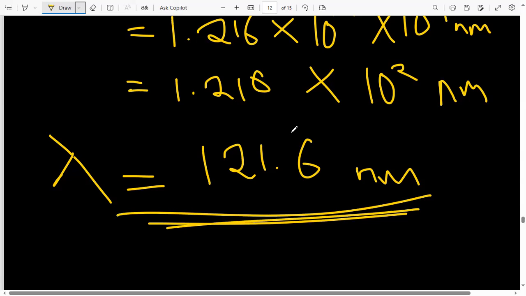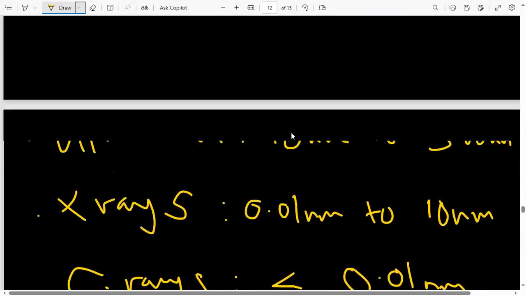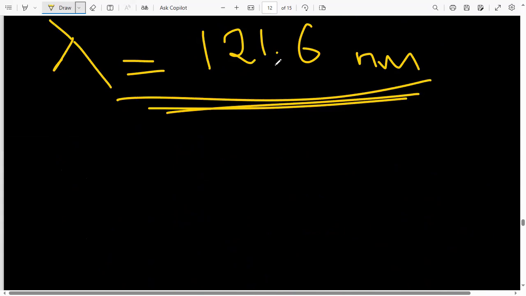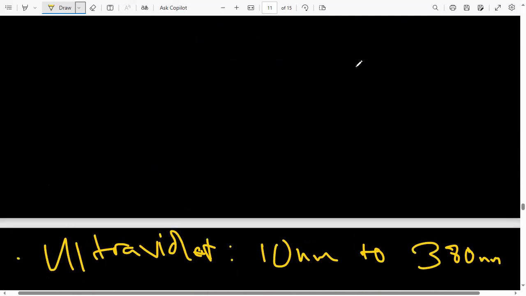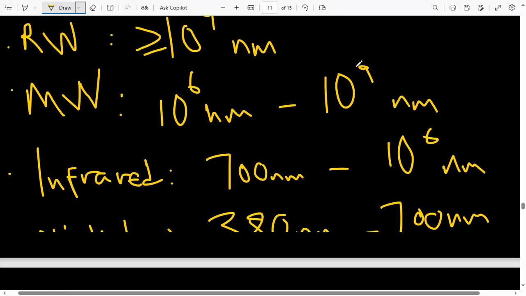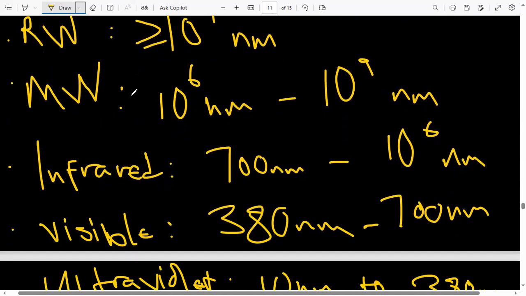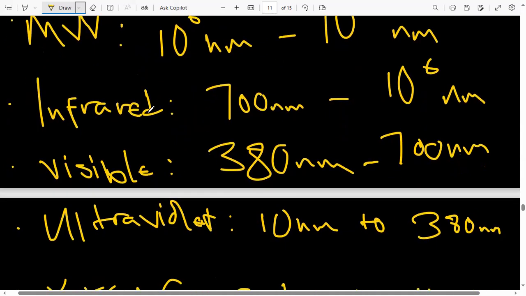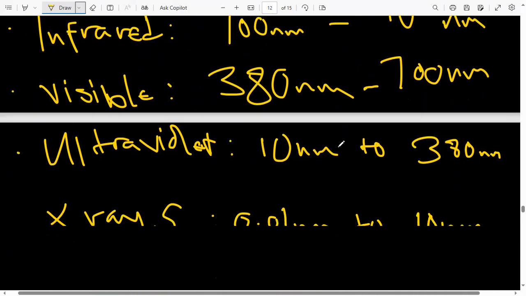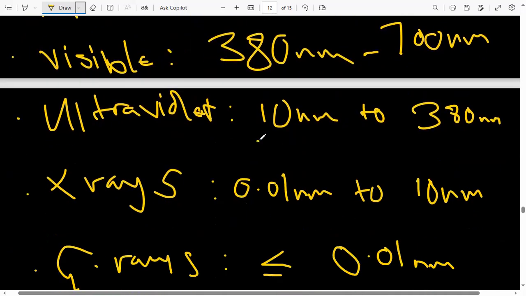Once you have your wavelength in nanometers, you go back and check the ranges, so you have to know those ranges. I have 121.6 nanometers. In which range can we find that? Radio waves? No. Microwaves? No. Infrared? No. Visible light? No. Ultraviolet? 10 nanometers to 380 nanometers. So 121.6 nanometers is in between 10 and 380.